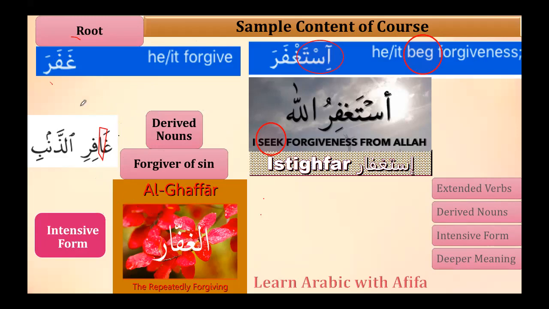Again, if you look at this word, al-ghaffar, from the same root, ghafara, this is back to my smashing the glass example. This is an intensive form pattern. It expresses the quality of repeatedly forgiving over and over. And this is the beauty of Arabic. With just one word, it's expressing such an intensive quality of forgiveness, which in English, you're going to need several words to describe.